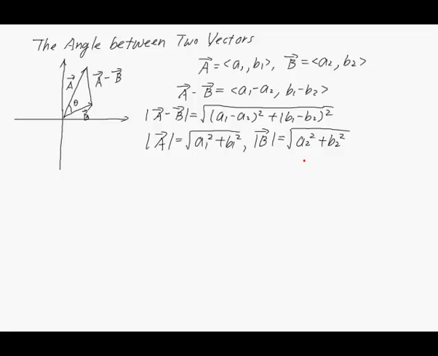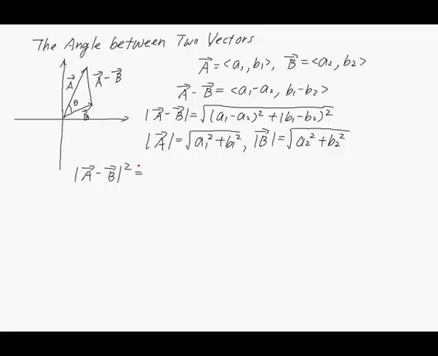Then by the law of cosines, we know the square of this length is equal to the square of this length plus the square of this length minus 2 times these two lengths and times cosine theta.